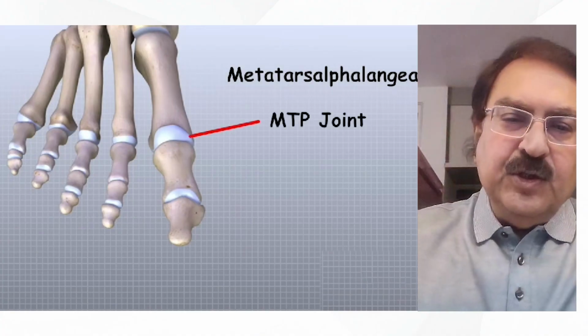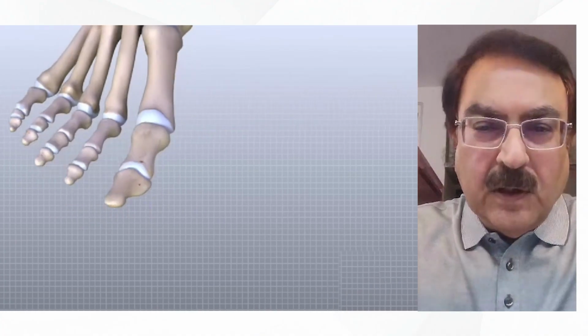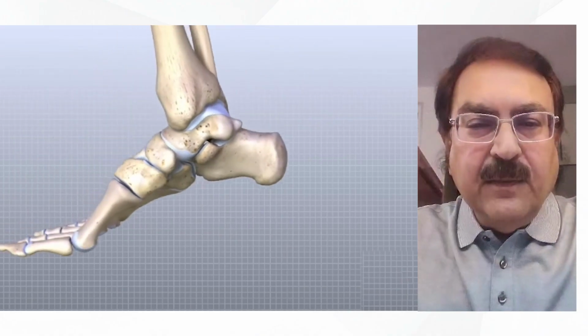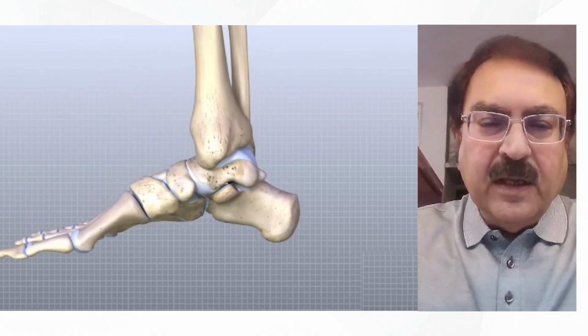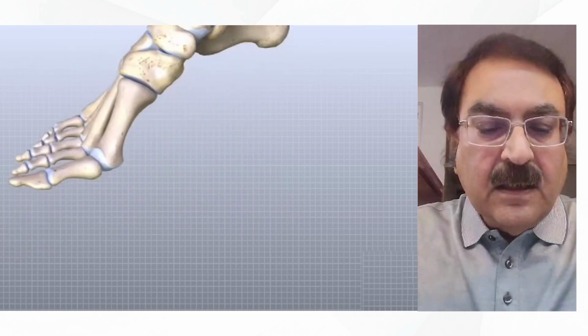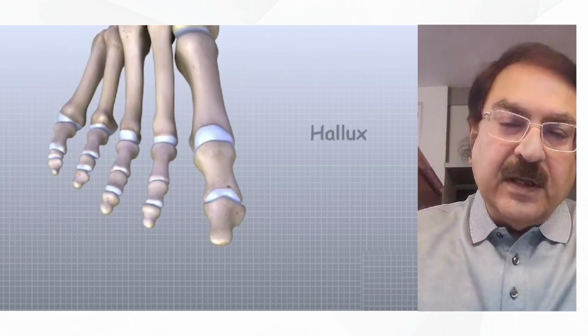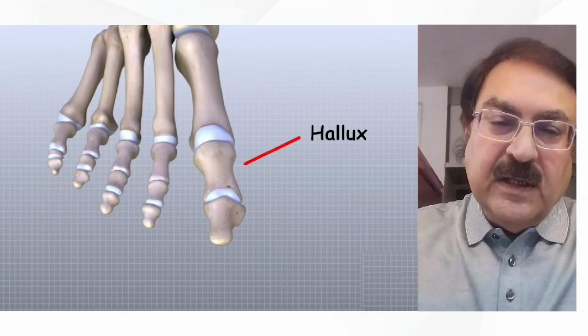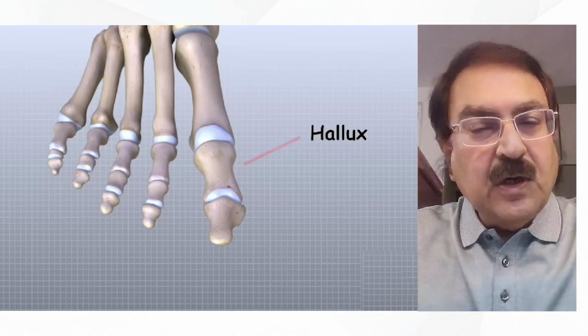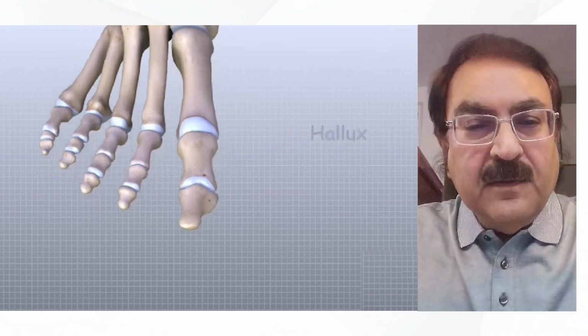All the MTP joints together form the ball of the foot, and movements at these joints are very important for a normal walking pattern. The great toe or the hallux is the most important for walking, and also the MTP joint of the hallux is the most common site for problems in the foot.